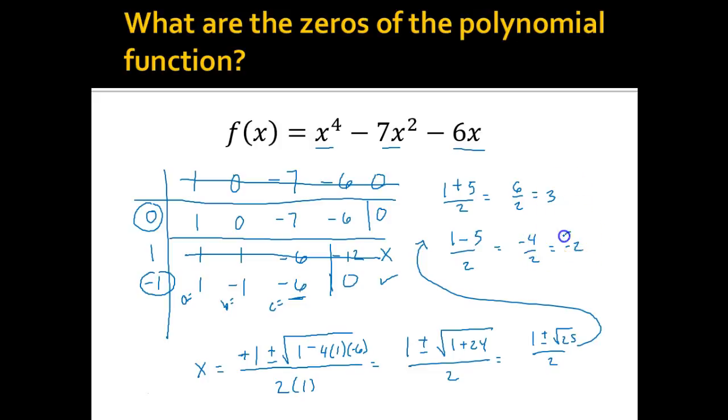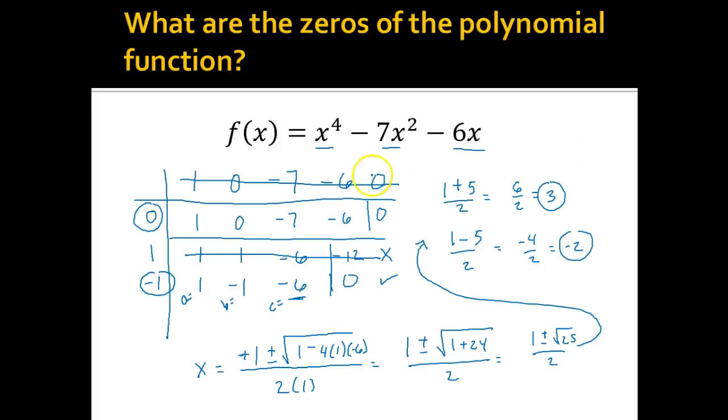So there's my last 2 roots, -2 and 3, and those we could have found by guessing and checking by continuing with our synthetic division. We would have got those answers eventually, but it probably would have taken me at least 3 more tries to get those. So the quadratic formula gave me the answers right away.